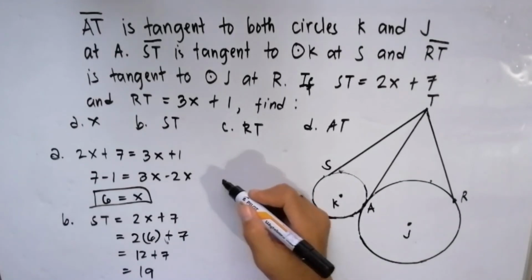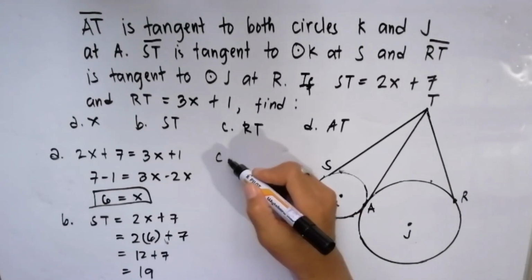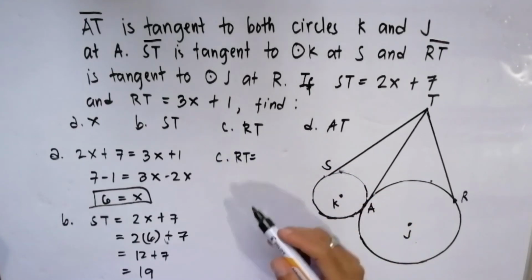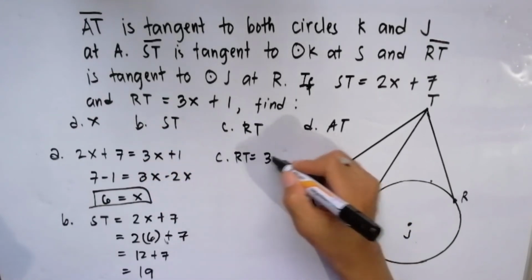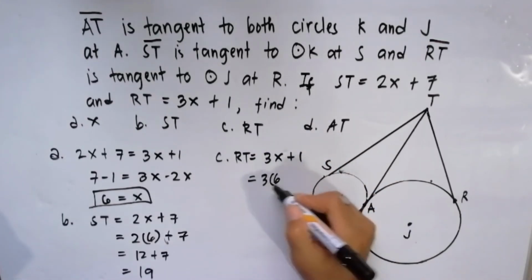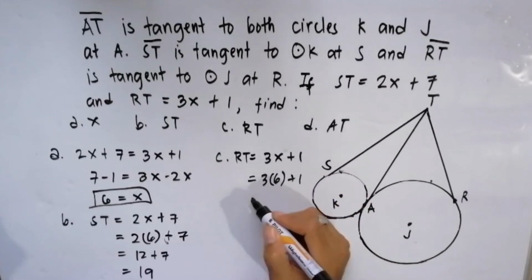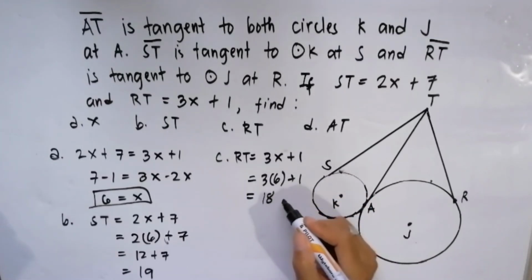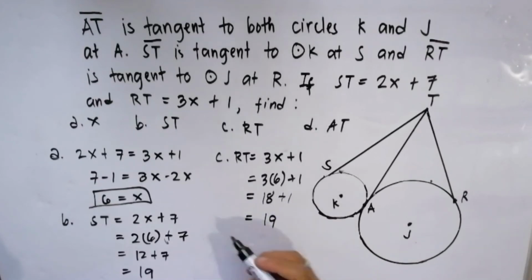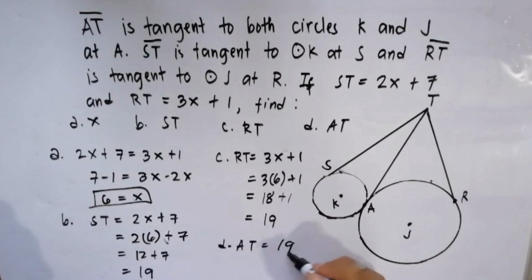Okay, for C, the RT is equal to 3x plus 1. So that is equal to 3 times 6 plus 1. 18 plus 1. So that is equal to 19. And AT is also equal to 19.